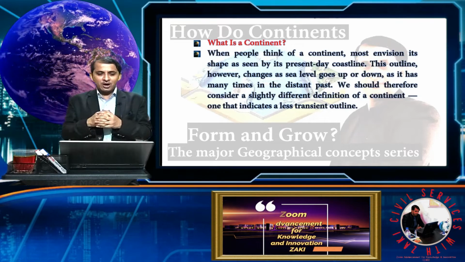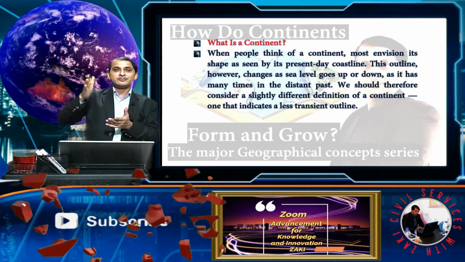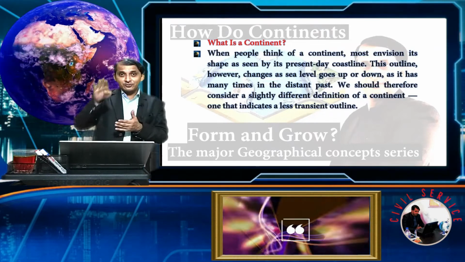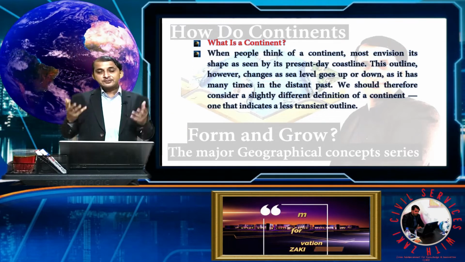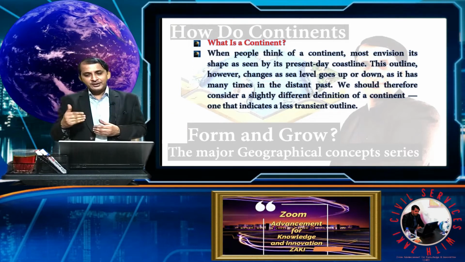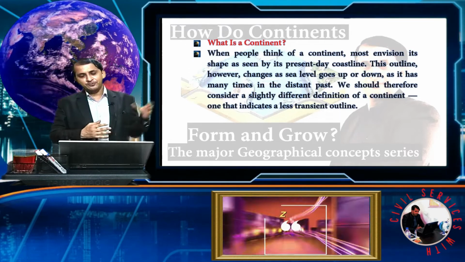However, these outlines change as the sea level rises. When sea level rises, some areas are submerged. Similarly, when sea level is low, some areas can emerge. This has happened many times in the distant past.